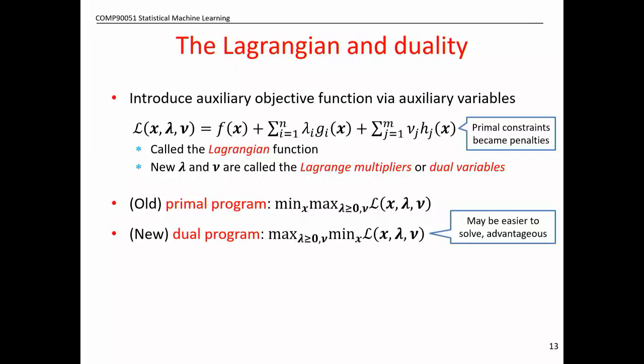Okay, so I've gotten rid of constraints, but I've gotten another level of optimization. It's not necessarily better, right? So to just say again, I'm allowed to crank up these exchange rates as much as I want so that you pay attention to all of the constraints, and then I just minimize as before, right? And so that's actually the same as the original program. And you can prove that very rigorously.